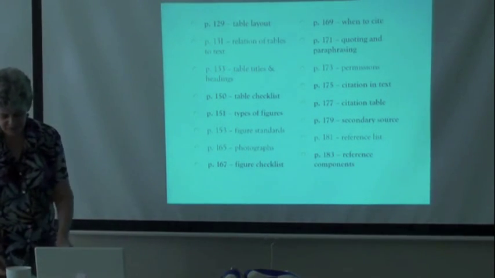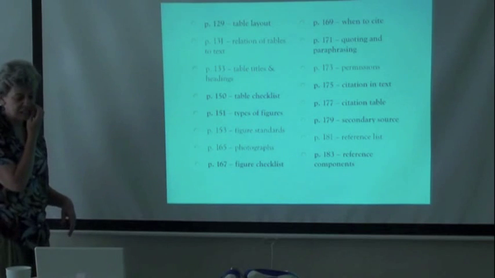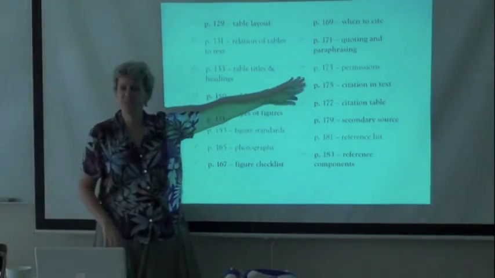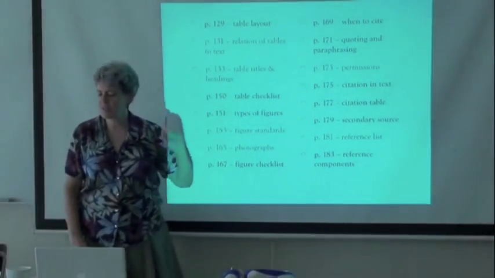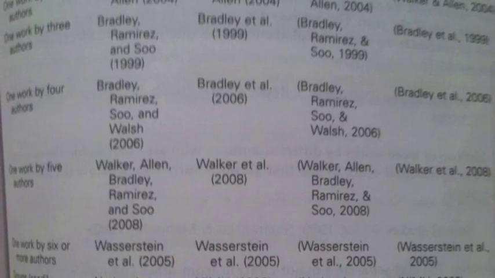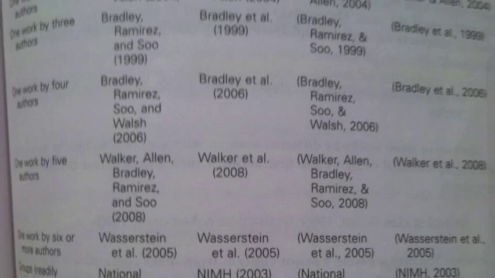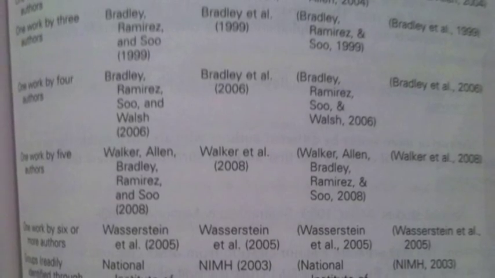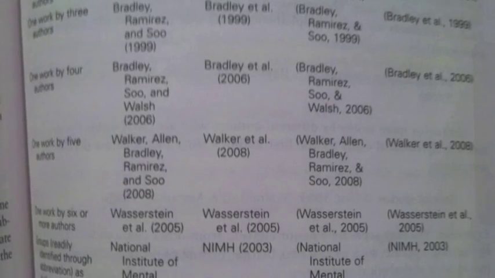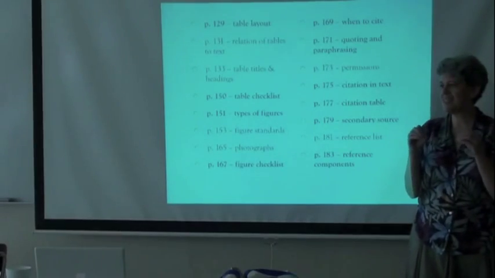Page 175 talks about citation in text, how you do citations, and this is important material to read. But if you look at page 177, this is probably the easiest thing to look at in terms of answering your own questions. There's a citation table, and you can look at that grid and say, where does my citation fall?